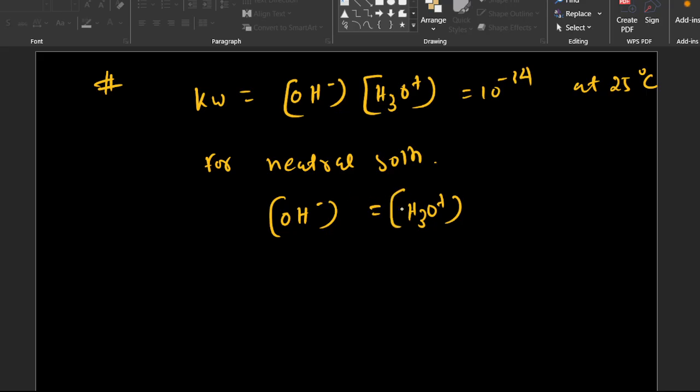If it is acidic, then H3O plus concentration is more. If it is basic, then OH minus concentration is more. And if it is neutral, then OH minus concentration and H3O plus concentration will be the same.